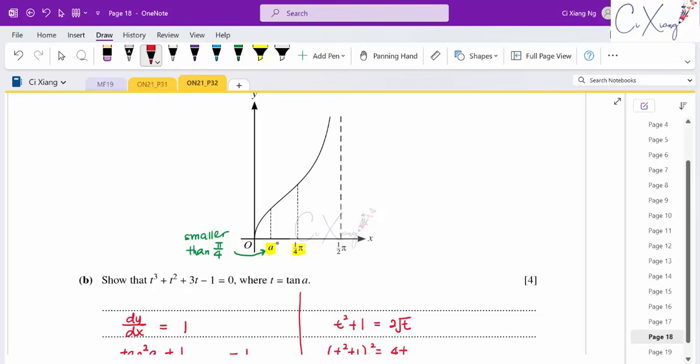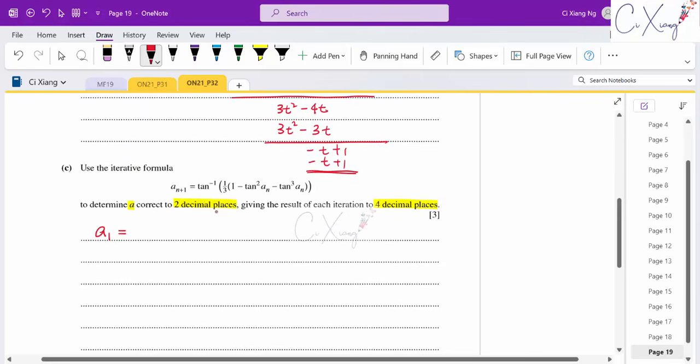Therefore, the initial value I'm using is pi over 8. You can use any value that you like, but one of the hints you can refer to is to use some value that is smaller than pi over 4. I think that will help you find the answer faster. For myself, I'm using pi over 8 as the initial value.